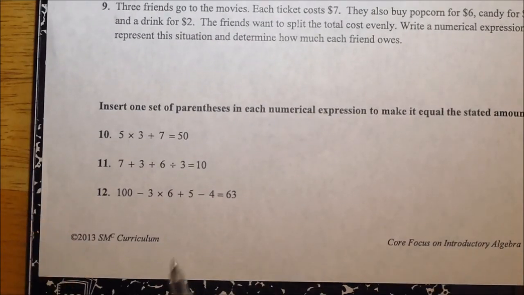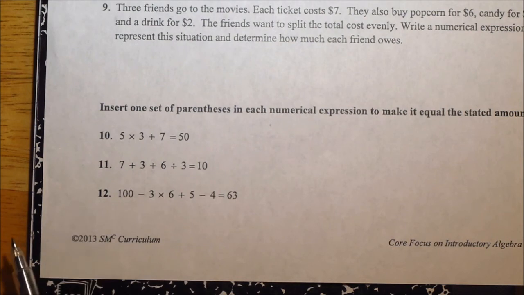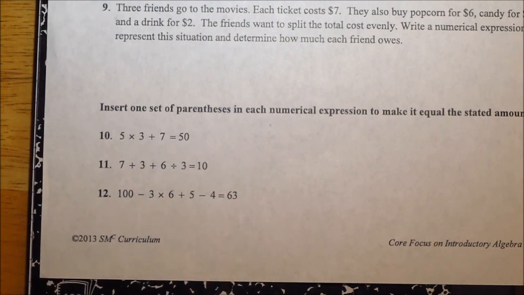All right, and then we've done things similar to this before down at the bottom. It's asking you to put one set of parentheses in each expression to make it right. So if I put parentheses around here, would that make it right? Would I have to do it around here to make it equal 50? You'll have to do a little trial and error to figure out how that works.